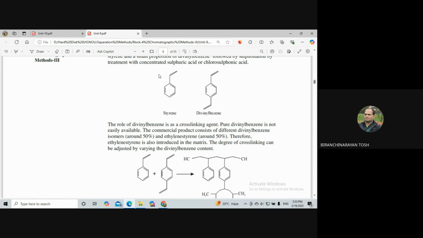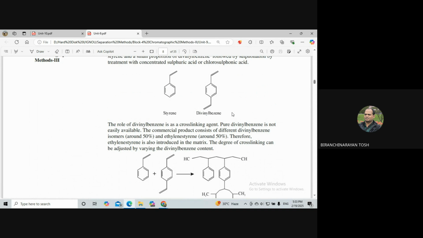So this carbon and this carbon, the chain growth will be there. So two double bonds means functionality is 4. So one can be used for cross-linking, or when the functionality of the monomer is more than 2, that is 3 or 4, then you will get a cross-linking polymer when it is polymerized. Therefore, the role of divinyl benzene is as a cross-linking agent.